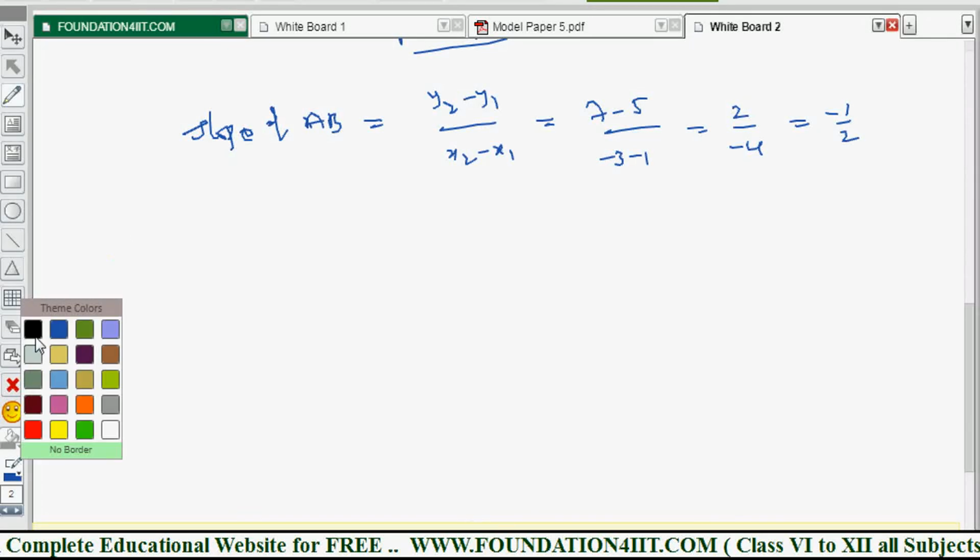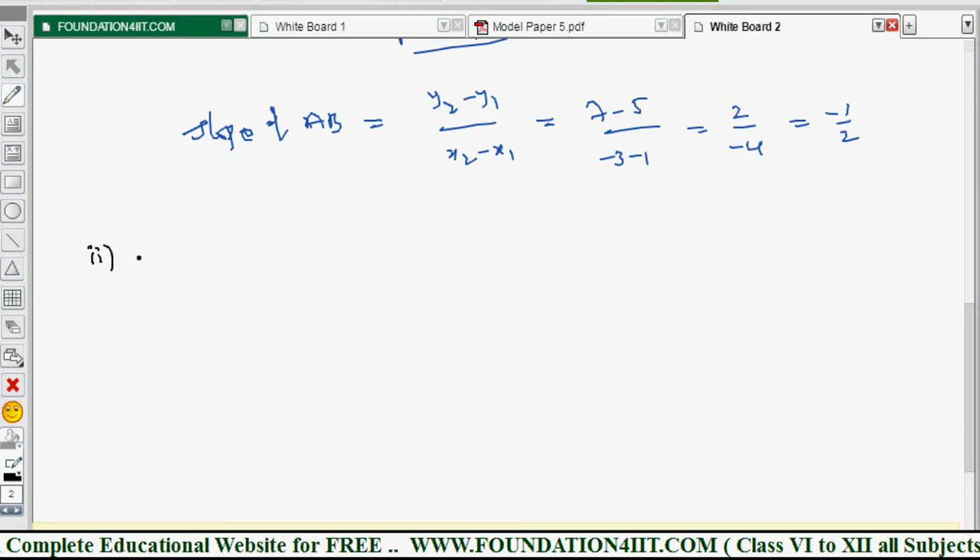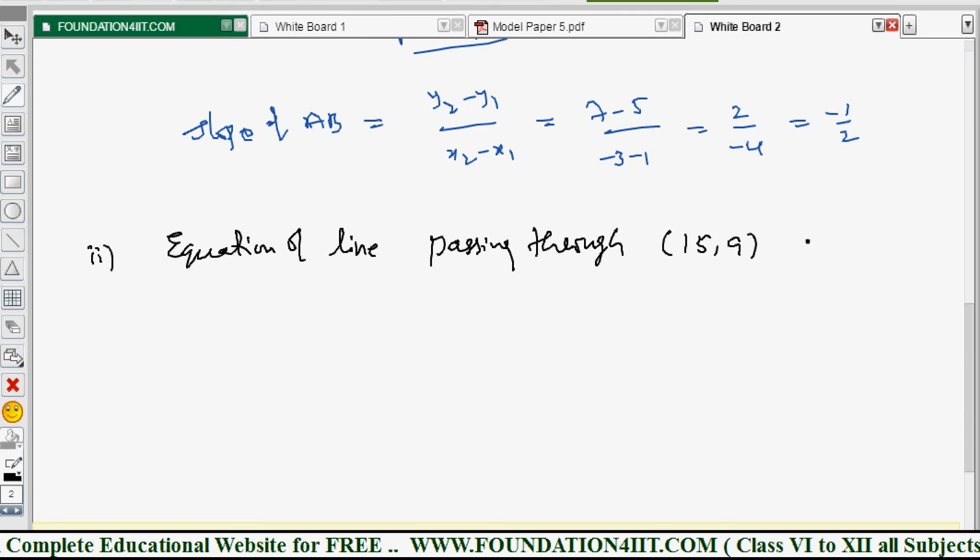So let's take the equation of the line passing through (15, 9), because that is from C, and parallel to AB.